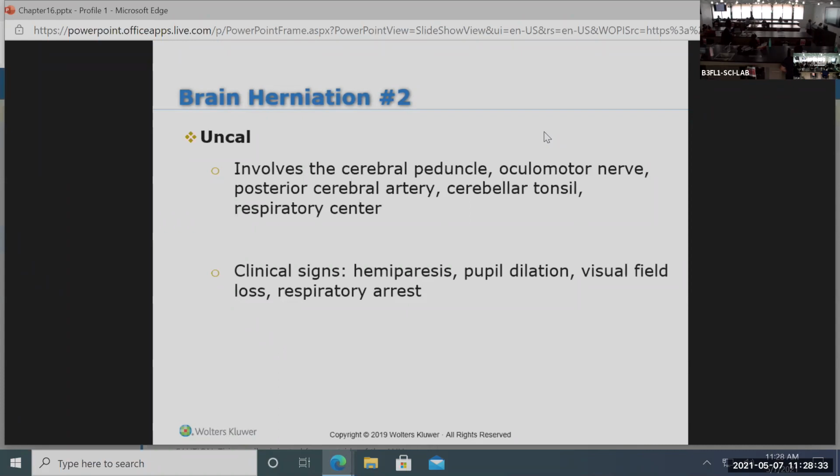Because it kicks in with respiratory arrest, I said I need to discuss that. Somebody said we have vital centers, then asked where they are located. Which part of the brain has vital centers?